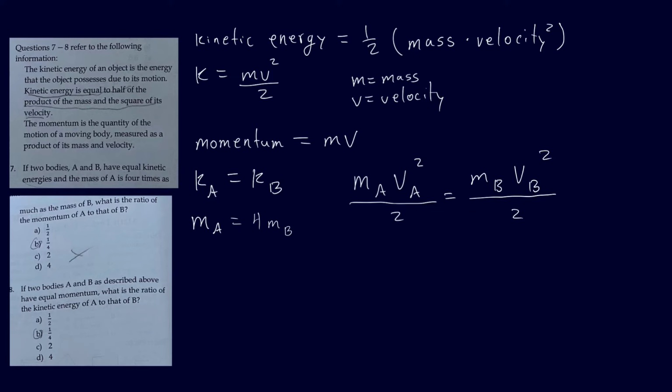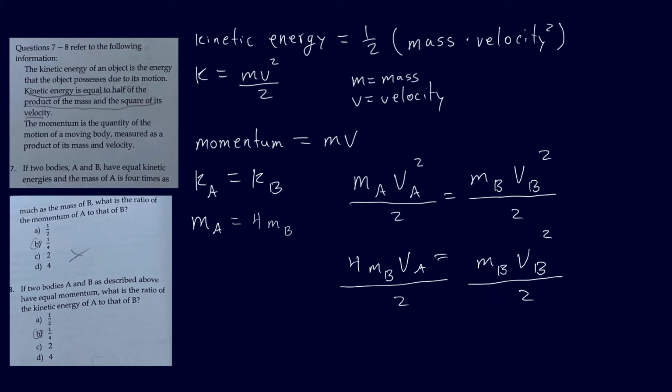And then I am going to replace anything that says mass of A with 4 times the mass of B. So the first equation, I'm going to write that as 4 times the mass of B times the velocity of A squared, over 2, equals the mass of B times the velocity of B squared over 2.